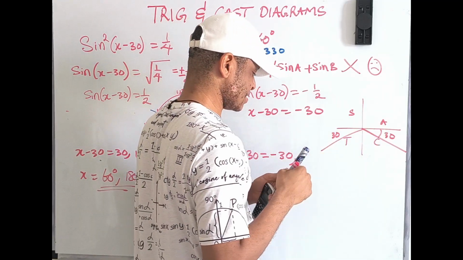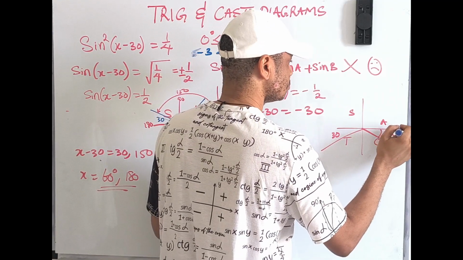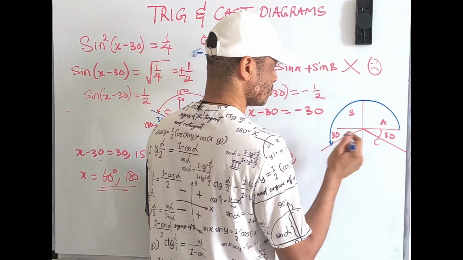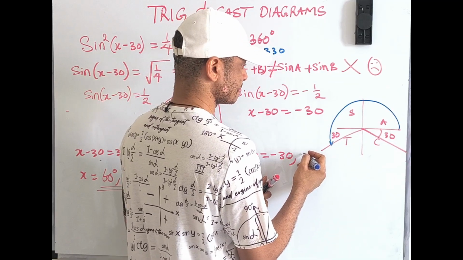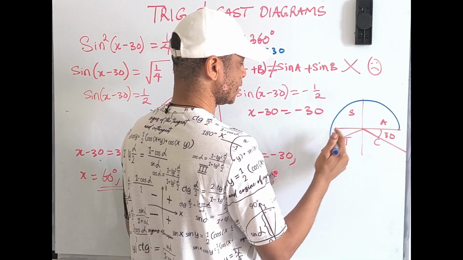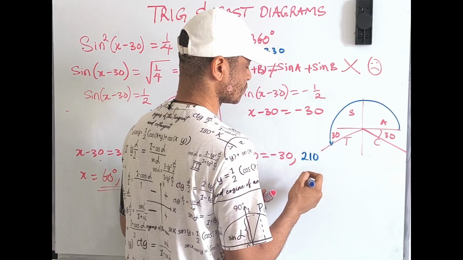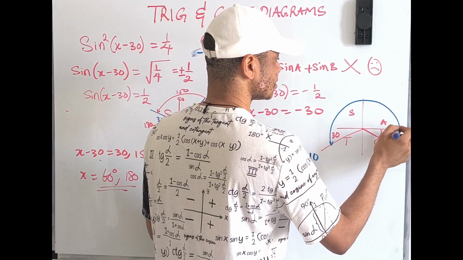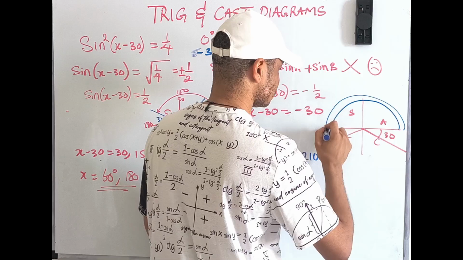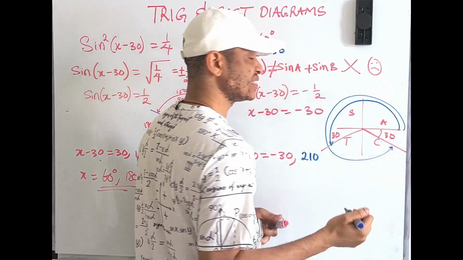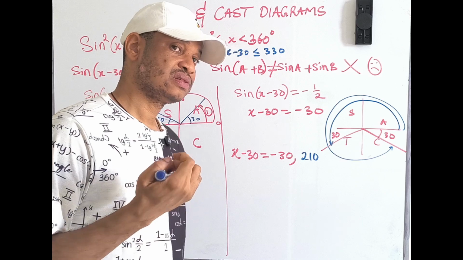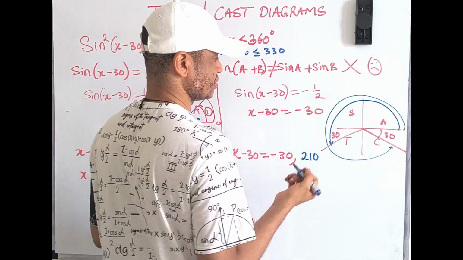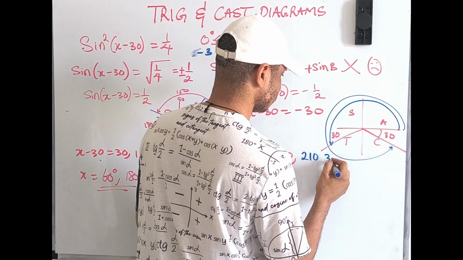Okay, so my first answer will be this. But remember, when I go like this, it's positive. So this is 180, so 210. Then the other answer will be this, which is 360 minus 30, so this is 330.